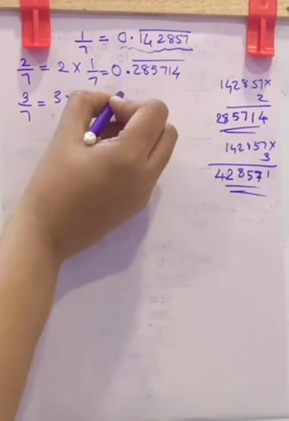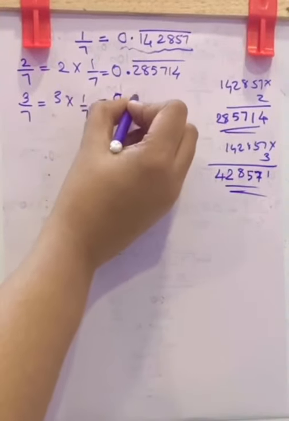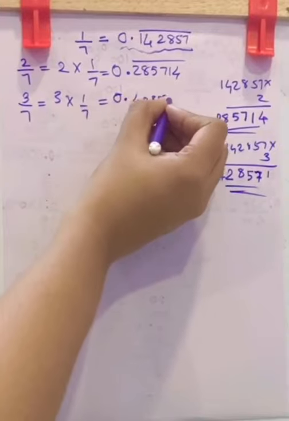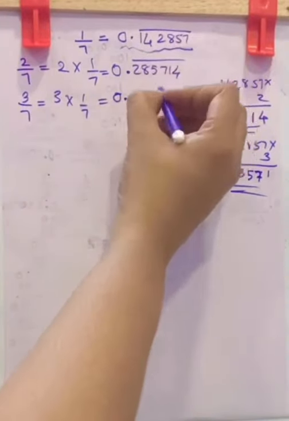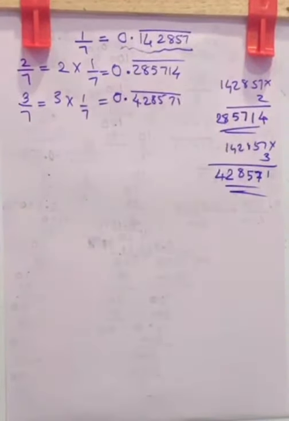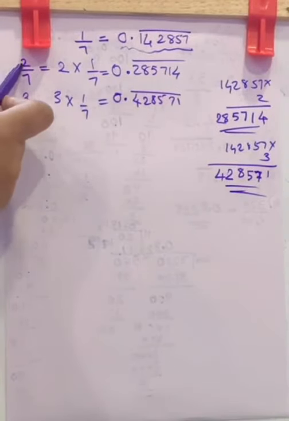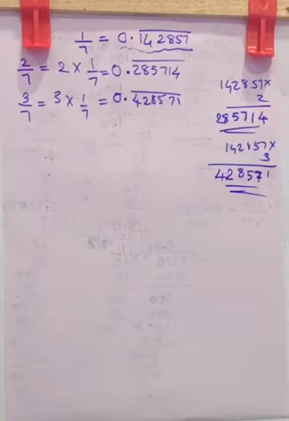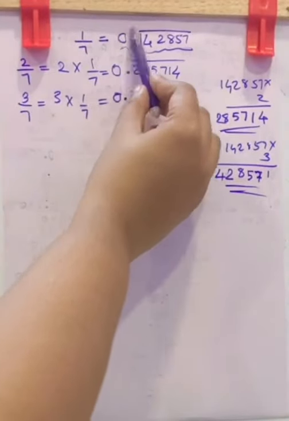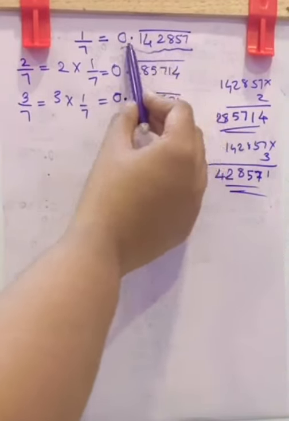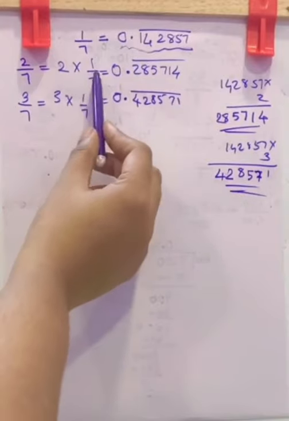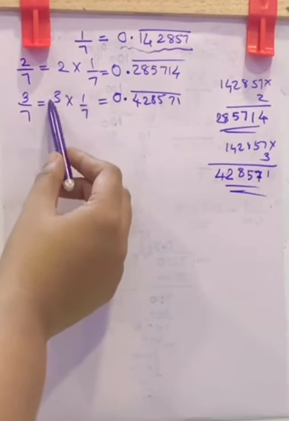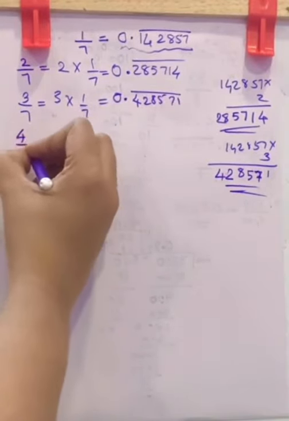So you'll write 0.428571. This will be 3 into 1 by 7. We are not actually performing the long division method, but since this is given the value of 1 by 7, we are just multiplying it with 2, 3, now 4 by 7.